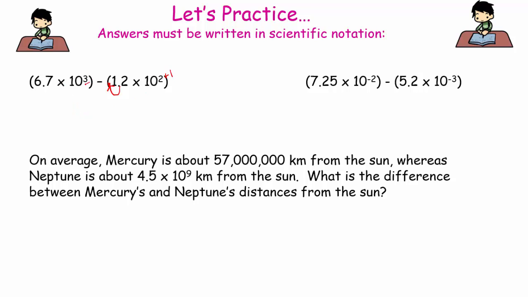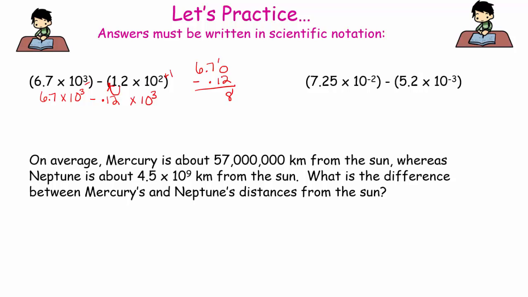My whole point in that is so in the end I can have matching powers on 10. So this is 6.7 times 10 to the third minus 0.12 times 10 to the third. And at that point, you just do your 6.7 minus 0.12.